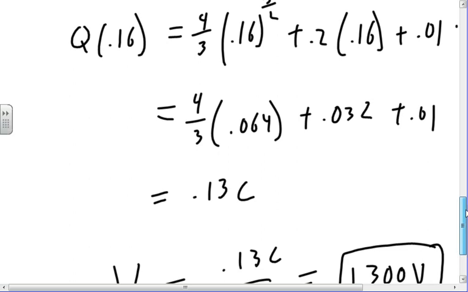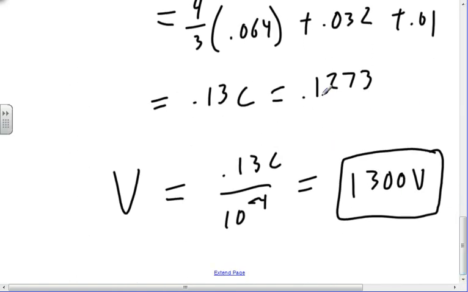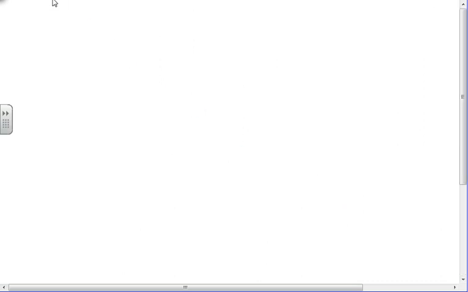So this becomes 0.1273. And even at that, when divided by 10 to the minus 4th, I still get about 1,200. I would say that my answer is probably right and the book is wrong, and we'll go on. What do you think about that?